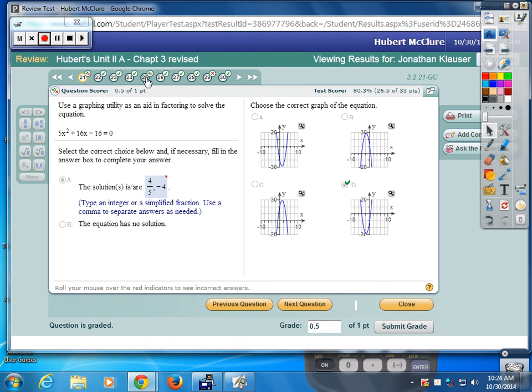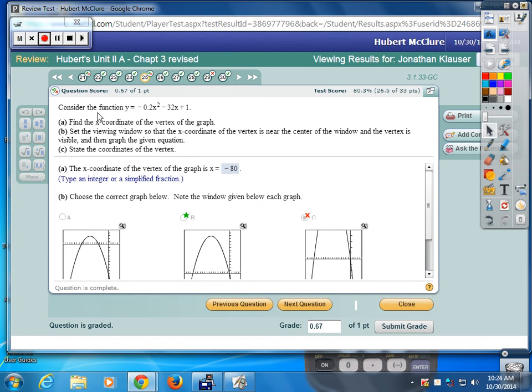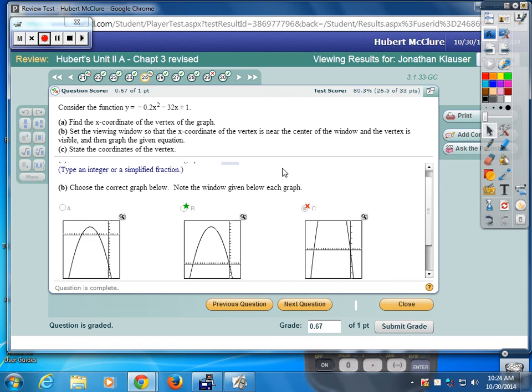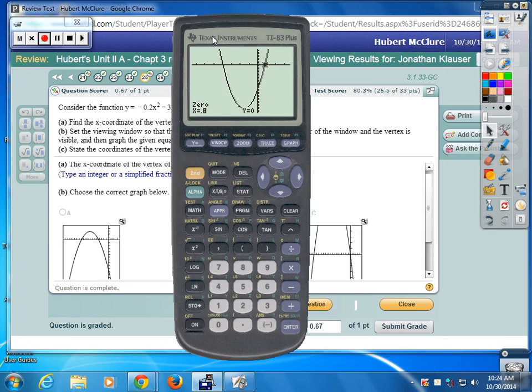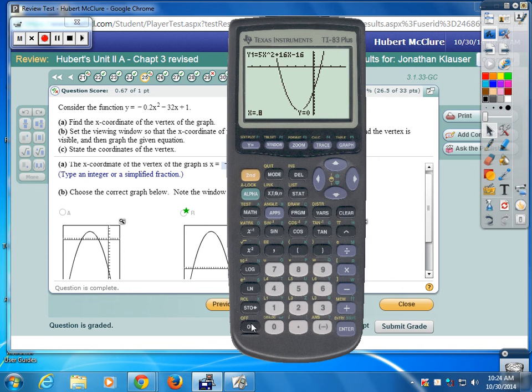25. This would be a calculator question. So let's go ahead and punch that one in. Y is equal to negative 0.2 x squared minus 32x plus 1.